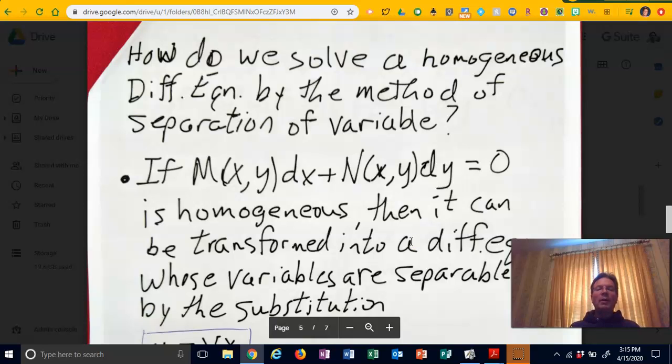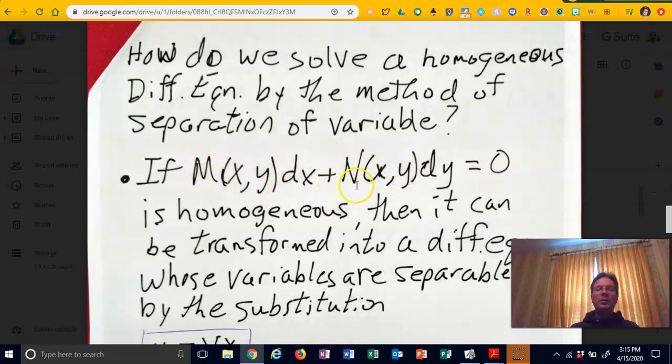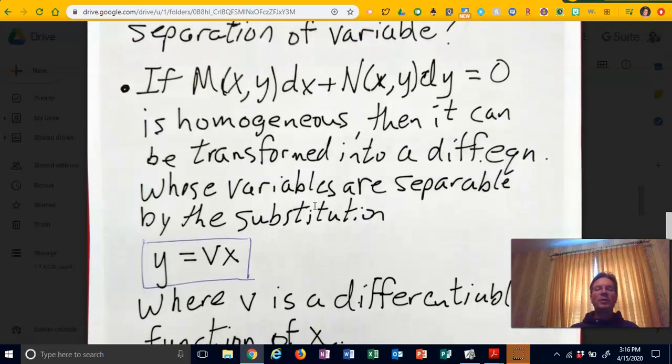Well, what you'll find is that almost always these type of differential equations are not separated. It's not like you have all the x's with the dx and all the y's with dy's. But we can convert it into a separation of variables type problem if we make a transformation. There's actually a couple of transformations.